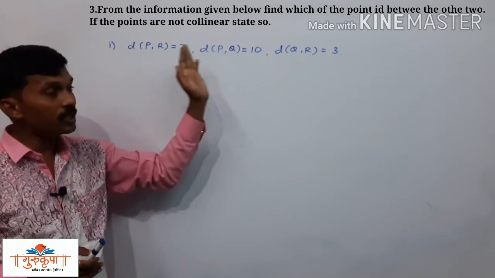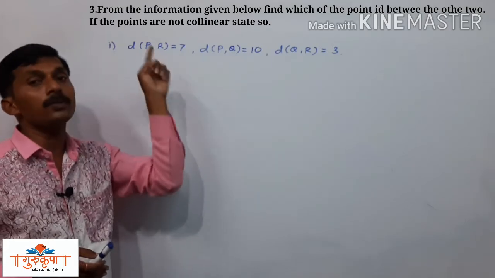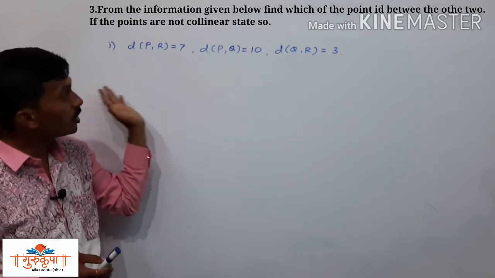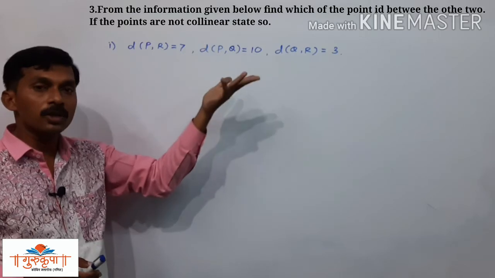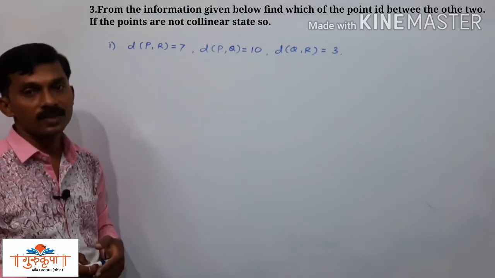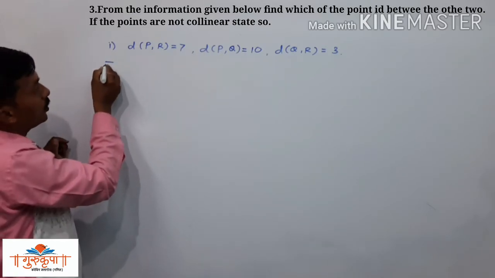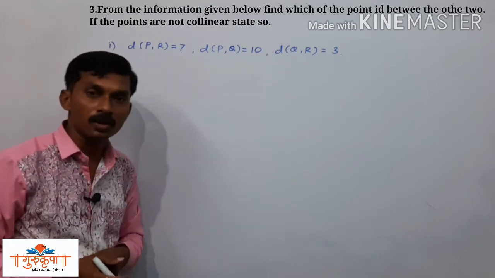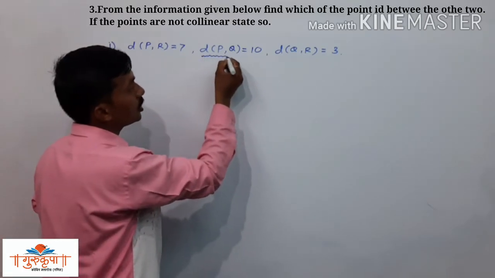We have 3 distances in all, and if the sum of any 2 distances is equal to the third distance, then we can say that the given 3 points are collinear, and if not so, then we can say that the given points are non-collinear. So here we have been given the 3 distances. Now here we have to observe first whether the sum of any 2 distances is equal to the third distance or not. So we already discussed that we have to put the biggest distance aside.